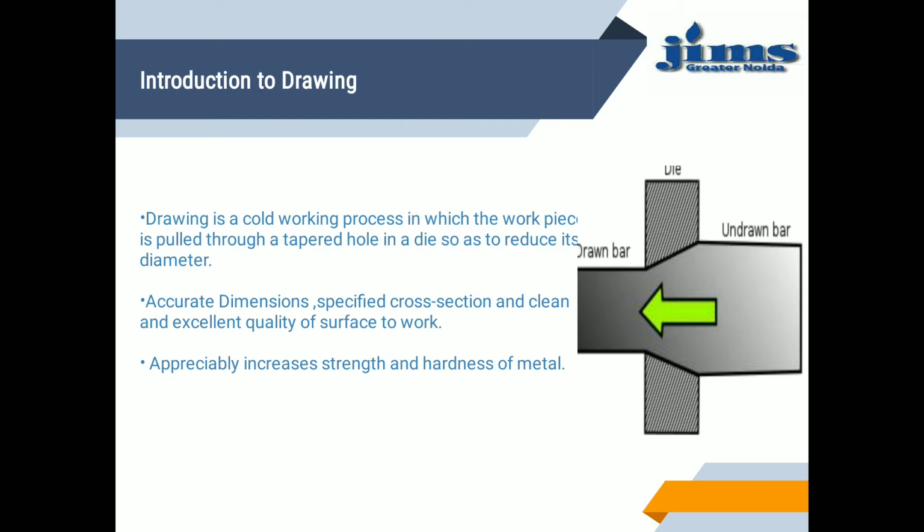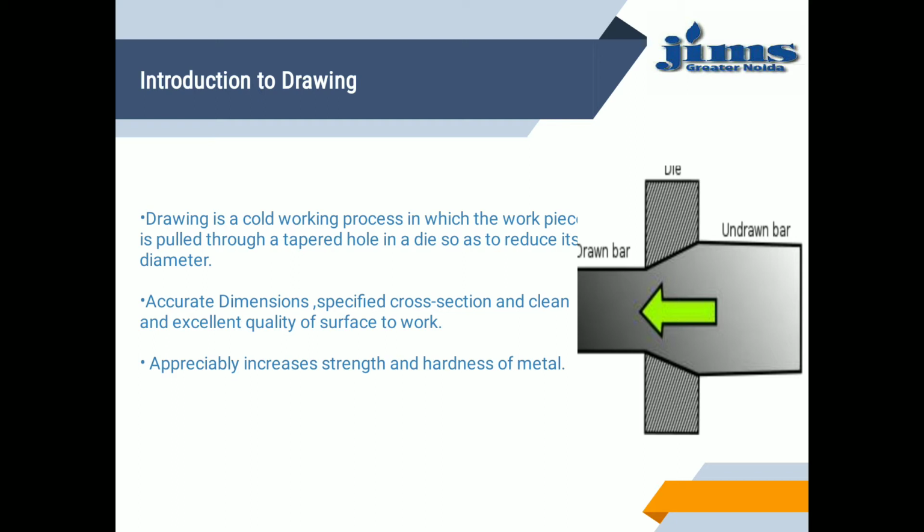It gives accurate dimensions, specified cross sections, and clean, excellent quality of surface. Not only this, by drawing operation, we will get appreciable, excellent strength and hardness of a metal.